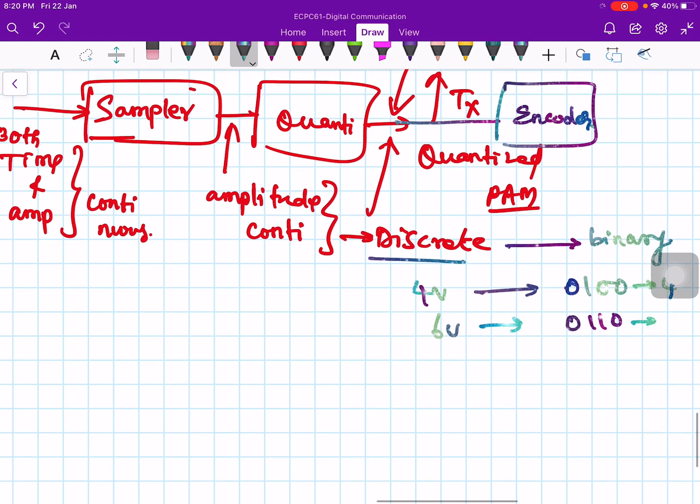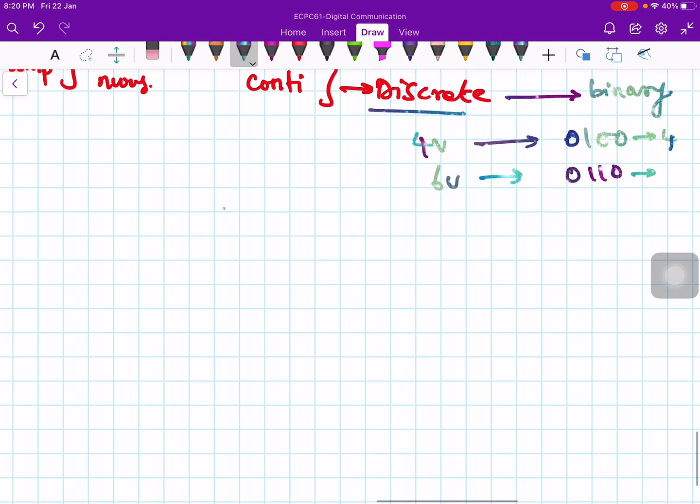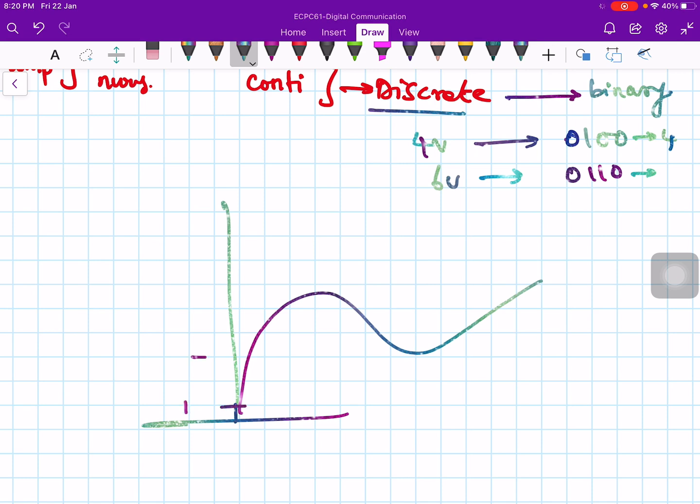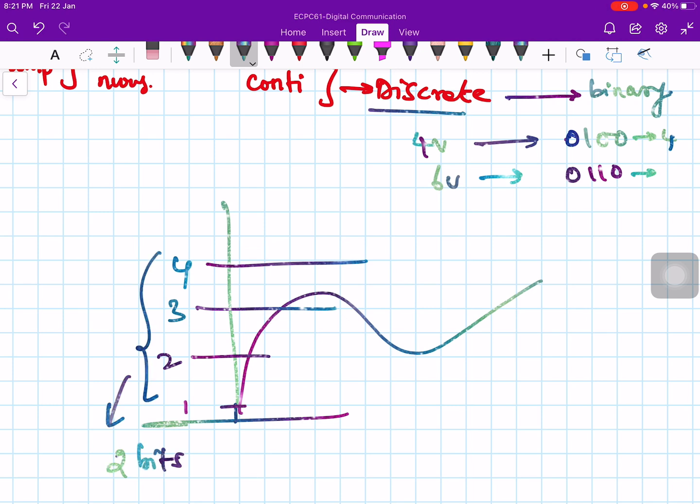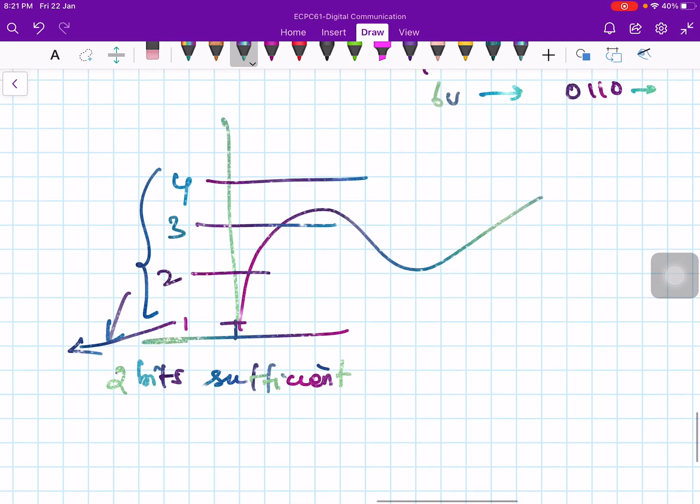For example, if you use only 4 levels, 1, 2, 3, then 4, then 2 bits are sufficient to represent these 4 levels. You represent this one as 00, the next is 01, then 10, and this you encode as 11. That's it: 00, 01, 10, 11.